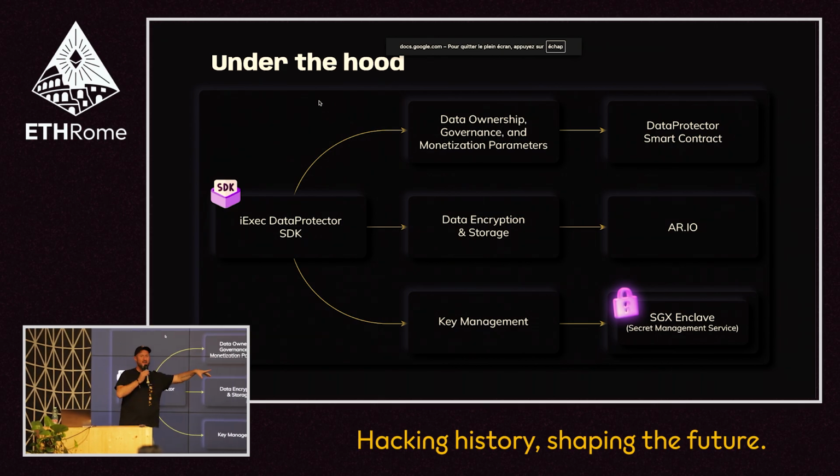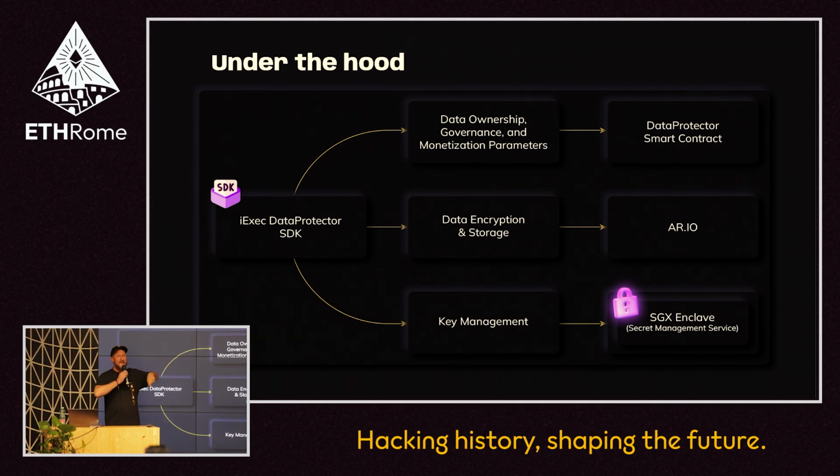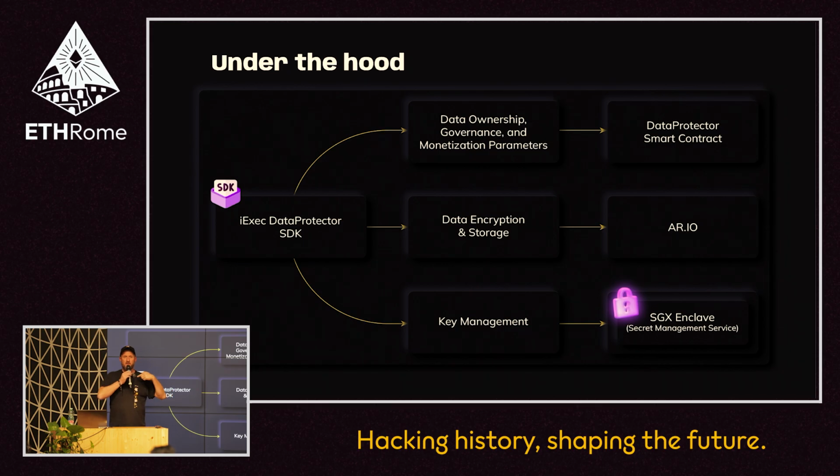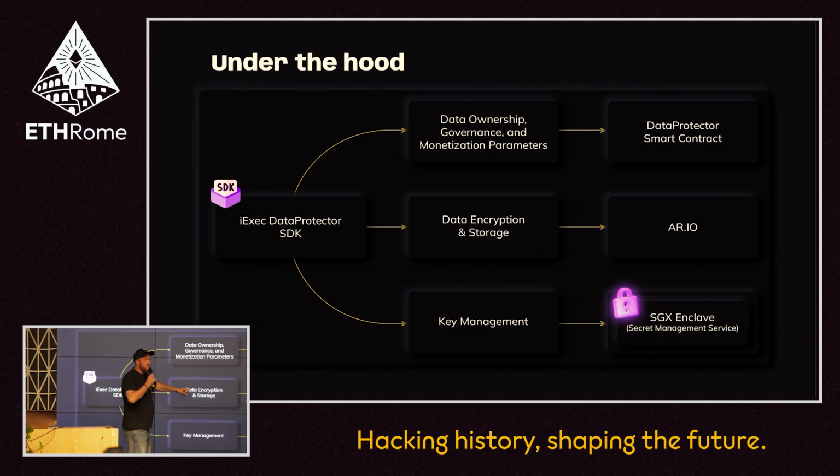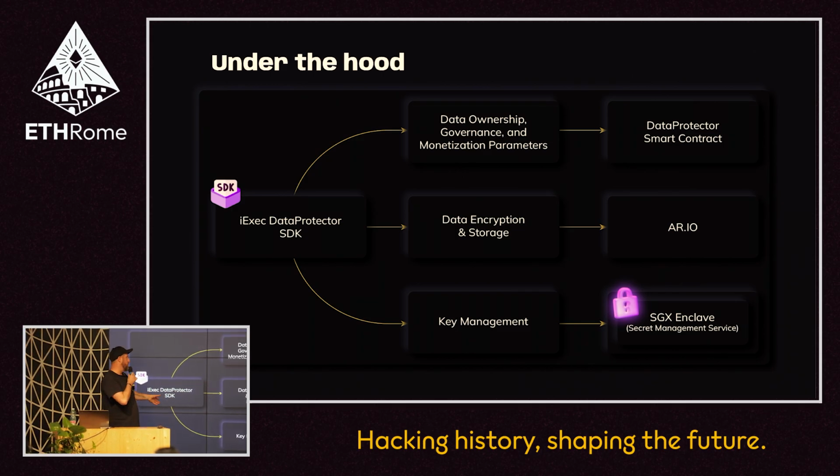So first, when I clicked on protect my data, the data has been encrypted by a symmetric key. This key has been dropped in a database running in this enclave. Okay, first step. The encrypted data has been stored on IPFS, but you can use r.io, our partner, if you prefer.